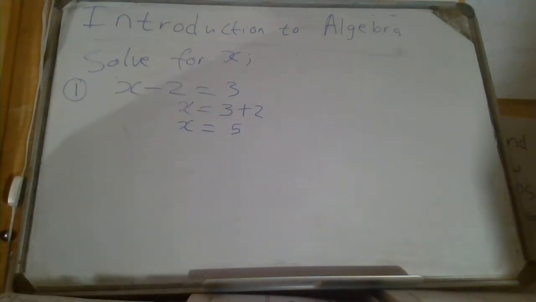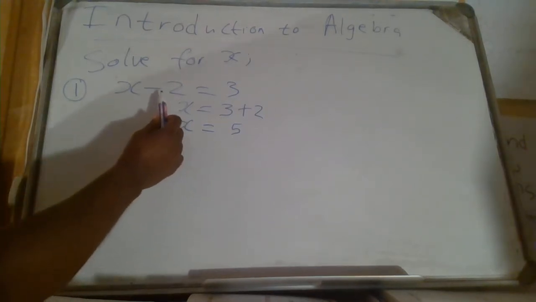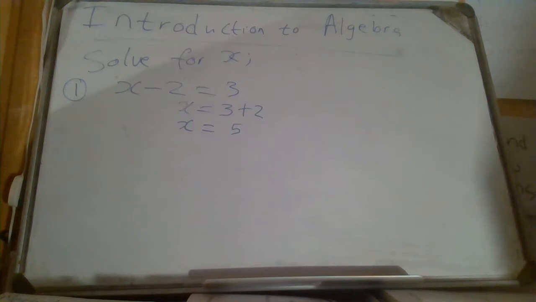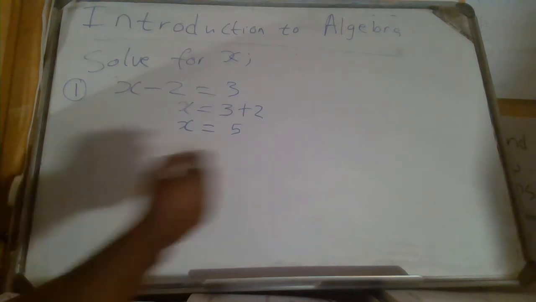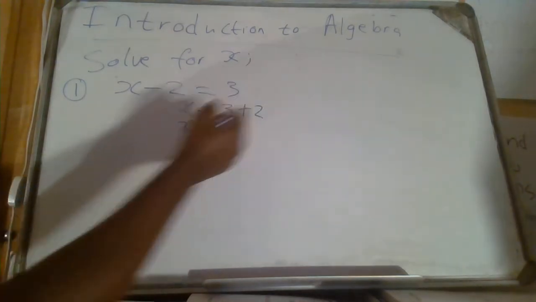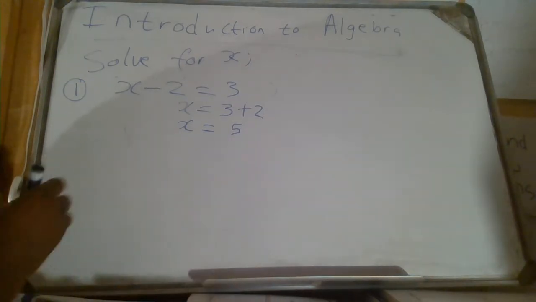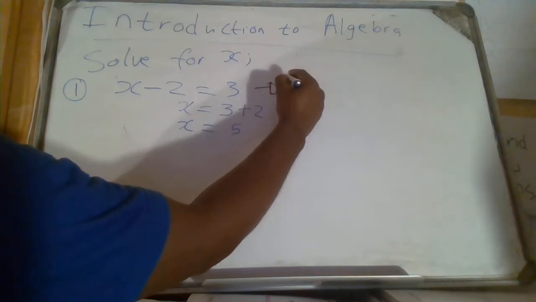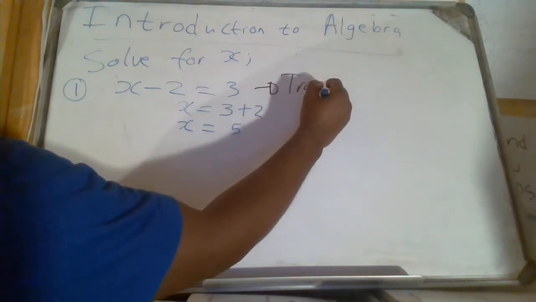Now, what do you call this method of taking a number from here to the other side of the equal sign? You call it transposing.